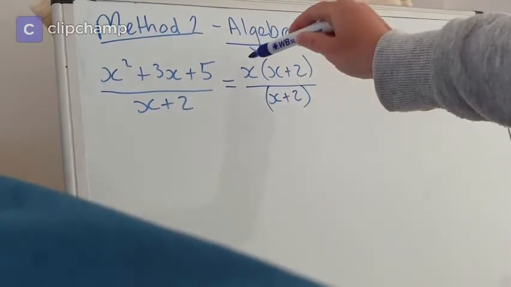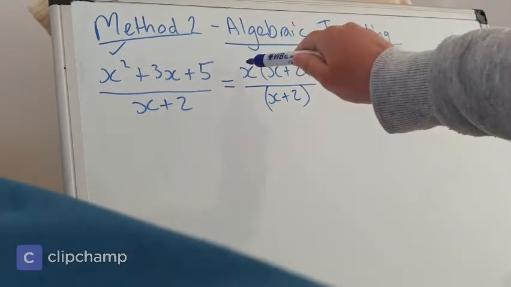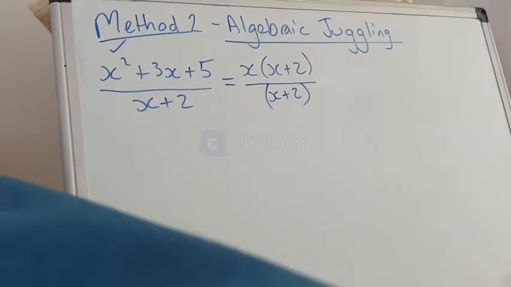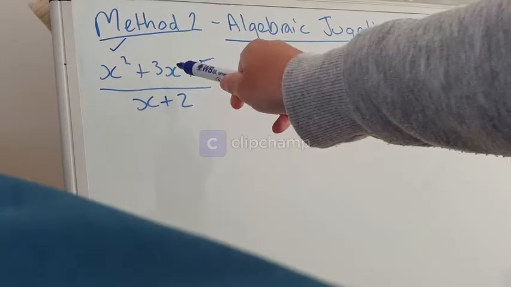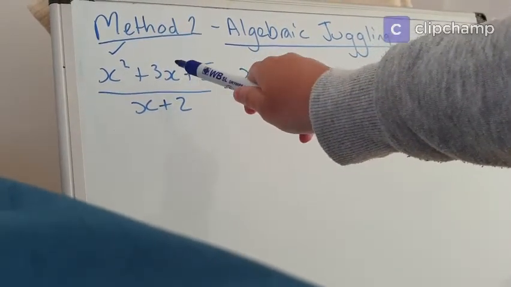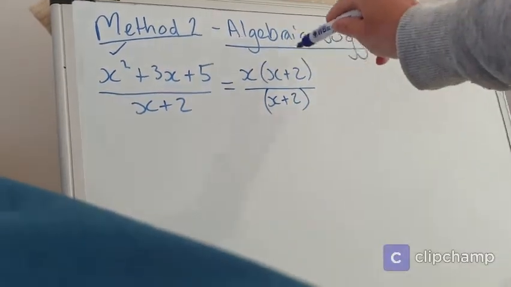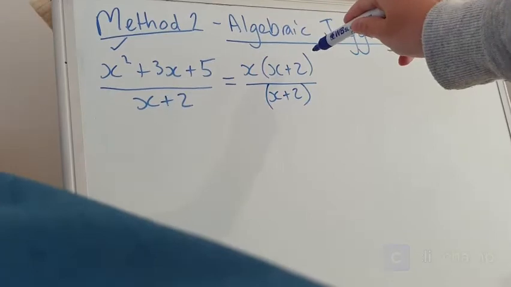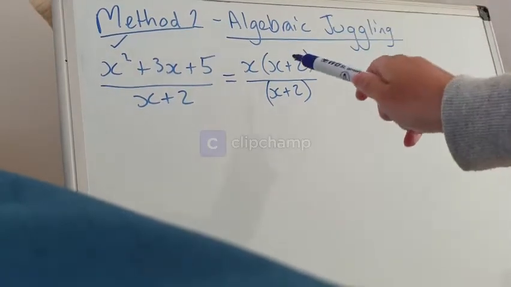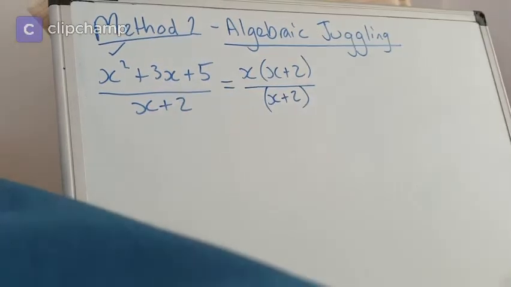Now, not only does that give me the x squared, which is what I wanted, it also gives me 2x. But if we check, we don't want 2x, we want 3x. So how many more x's do I need? I need 1. I've already got 2x from this term. To get 1 more x, what would you multiply the denominator by to get x?